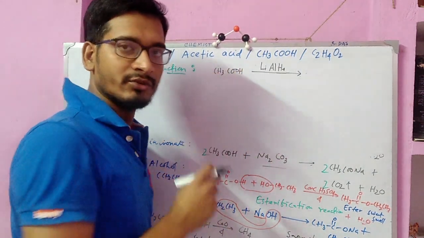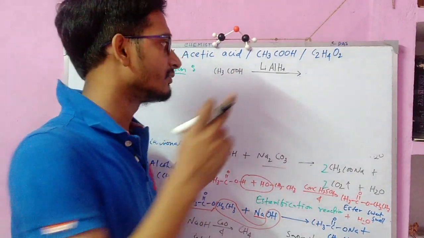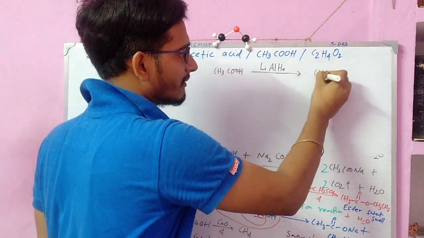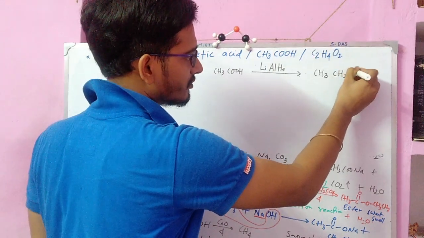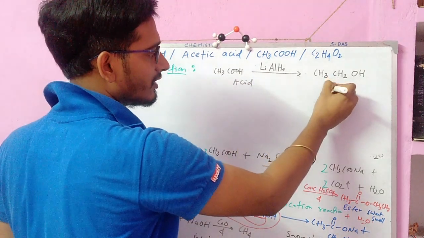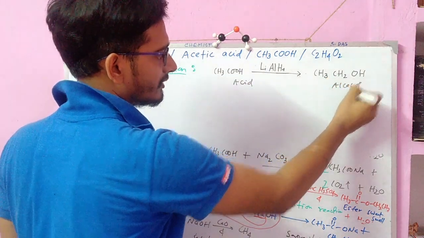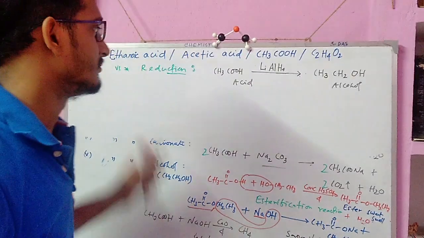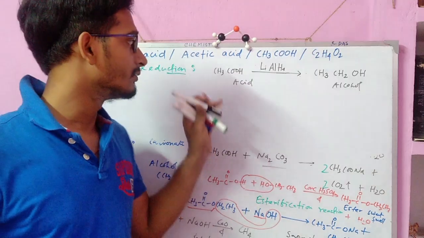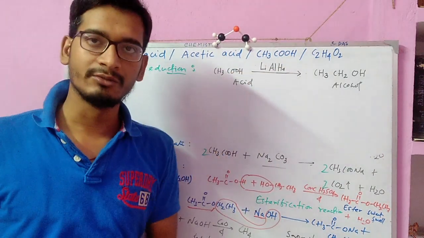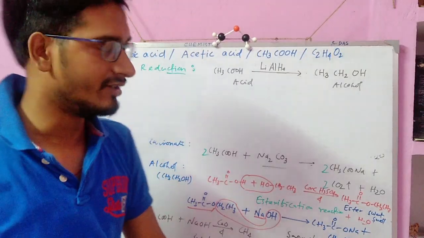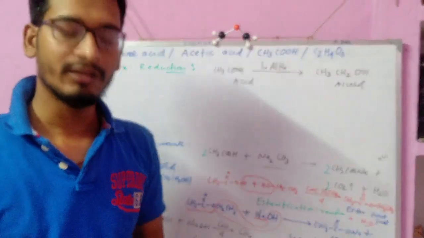This compound is reduced, that means hydrogen will be added in this compound. So this will be converted to CH3CH2OH. On reduction, an acid is converted to the corresponding alcohol with the same number of carbon atoms. So this is the reduction. When acetic acid is reduced by a reducing agent, lithium aluminium hydride, then ethyl alcohol is formed.